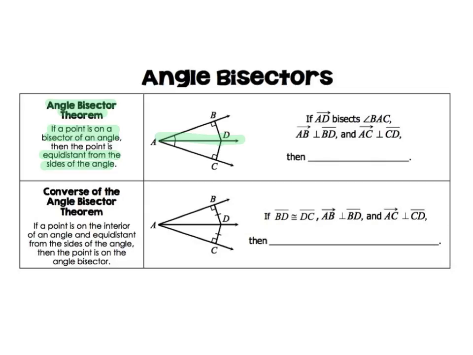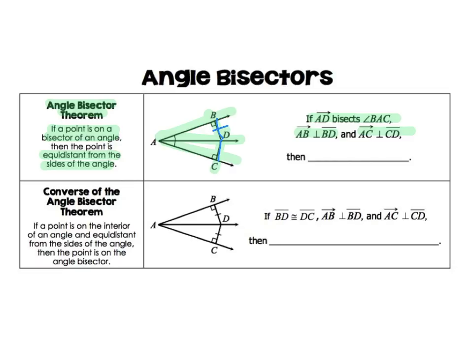So if AD bisects BAC, and we know that AB is perpendicular to BD, so these two right here are perpendicular, and AC is perpendicular to DC, then we can say that BD, this distance right here, is congruent to DC.